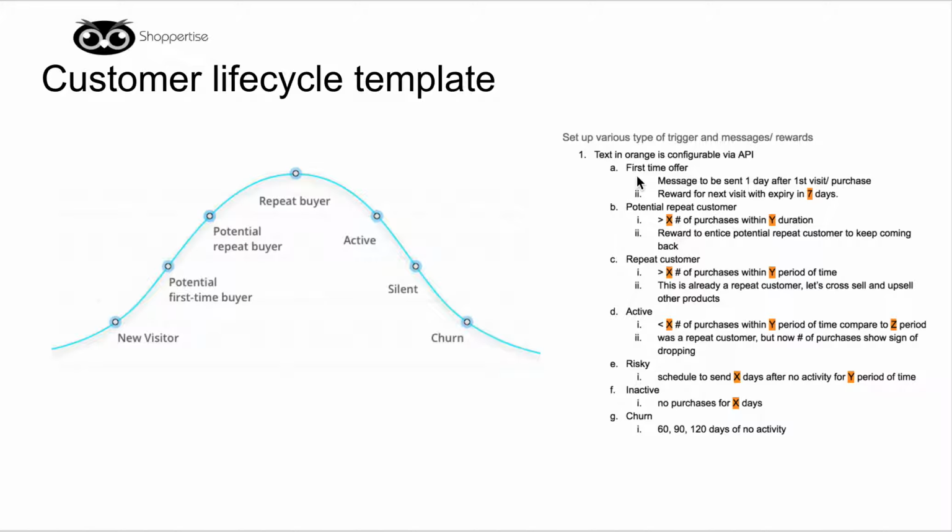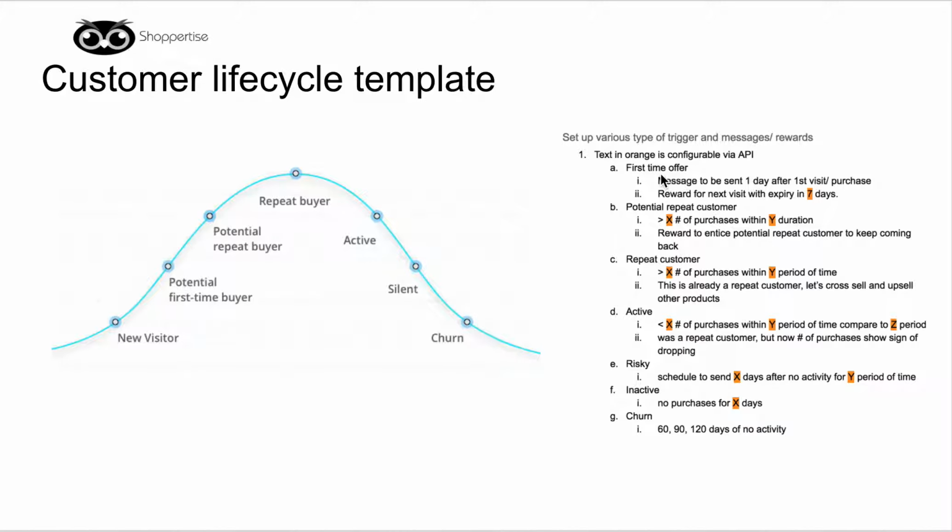So what do we have here, if it's a first time offer, meaning this customer signed up but he has not made any purchase. In that scenario, it could be someone visited the booth, the counter. They've gotten a consultation. They like the product. Now they have gotten an access to the website.